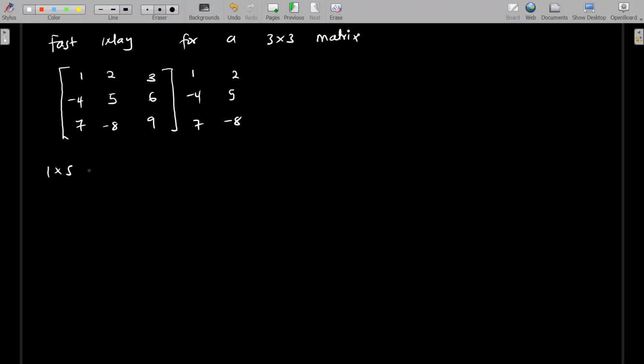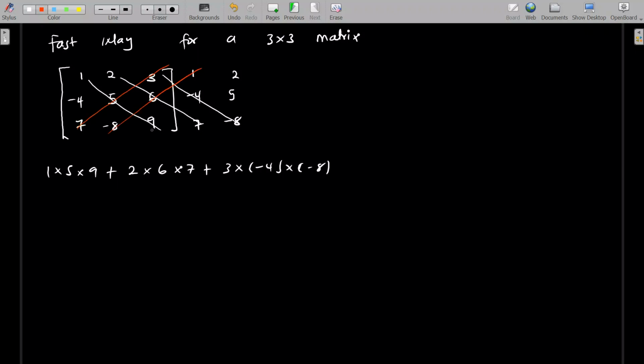When you multiply them, I'm going to have 1 times 5 times 9, the product of them, plus 2 times 6 times 7, plus 3 times -4 times -8. What I've done here is the product of these. And then the next thing to do is to find the product of these diagonals as well. This, that, and that.